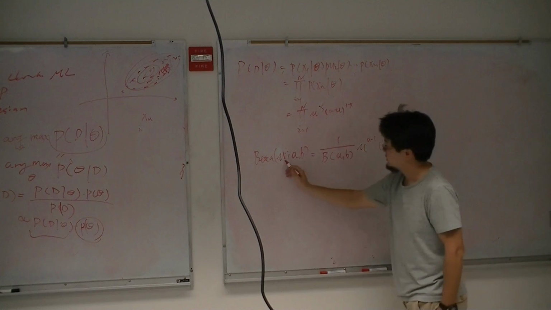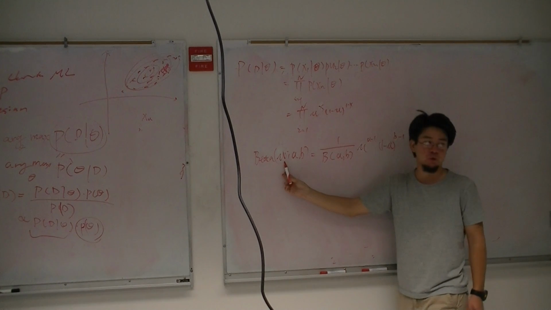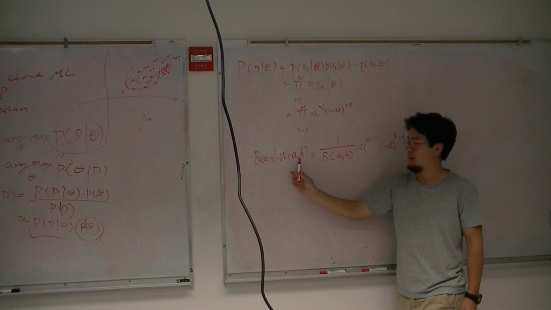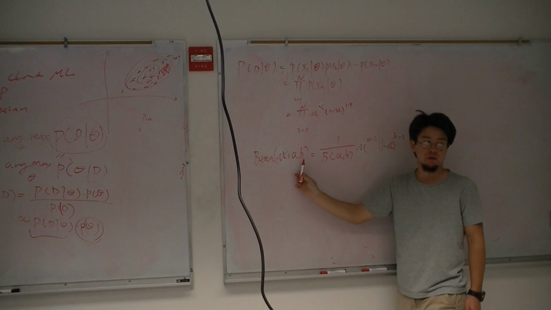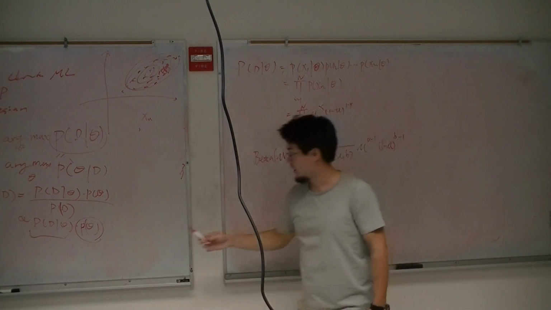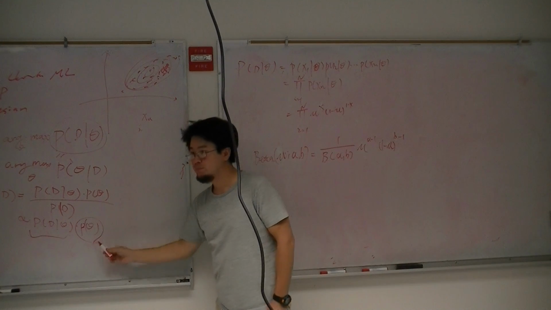So you can see this is a distribution over mu, parameterized by A and B. What's the shape of this distribution?